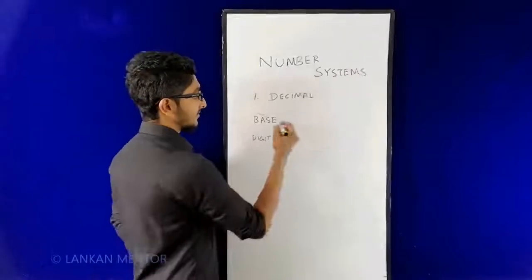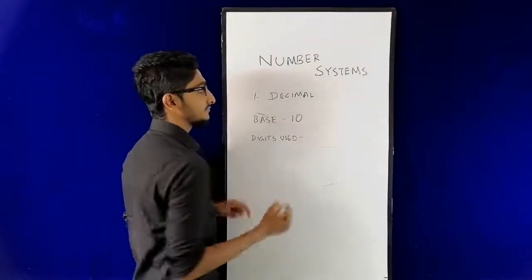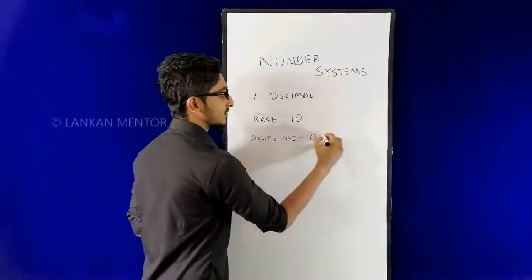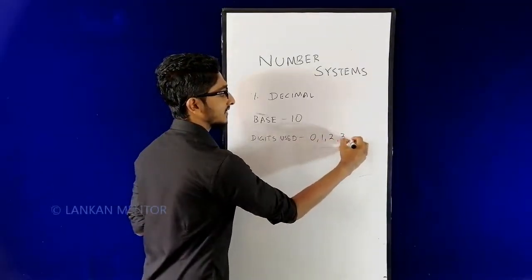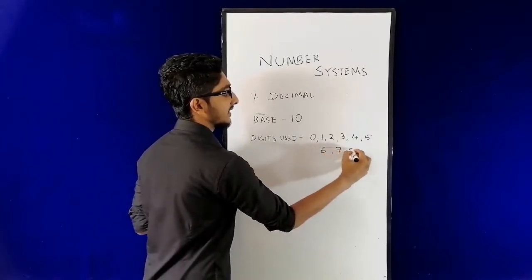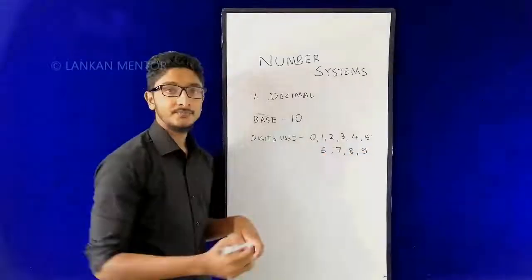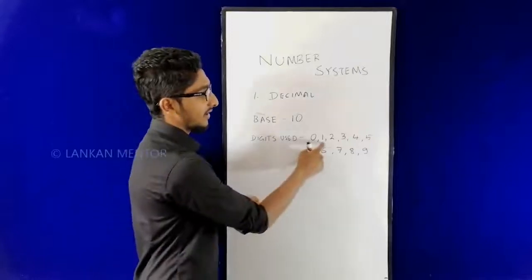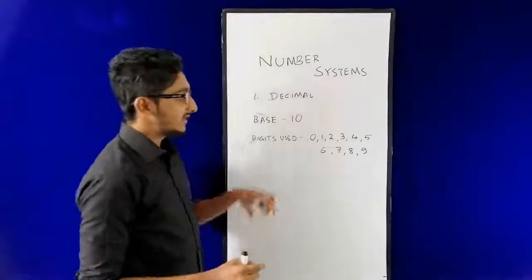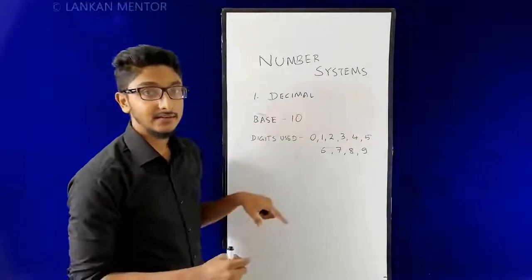The base is 10 for decimal, and the digits used are 0, 1, 2, 3, 4, 5, 6, 7, 8, 9. It goes up to 9.